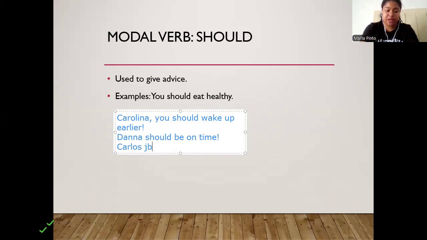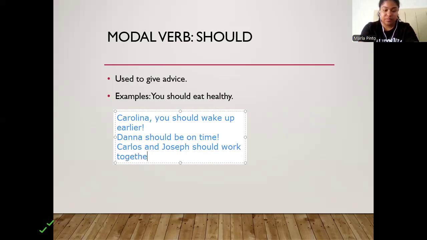Carlos and Joseph should work together. They are a great team.